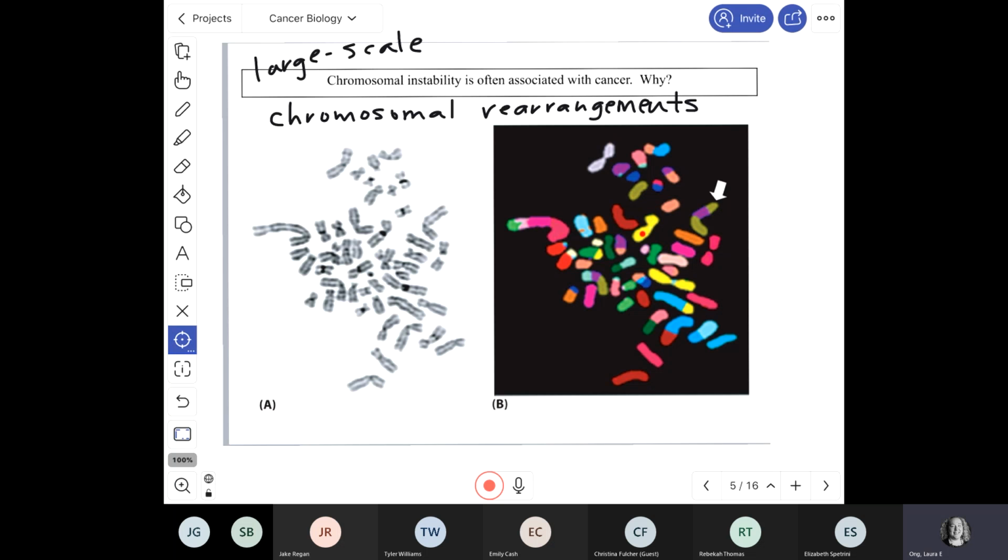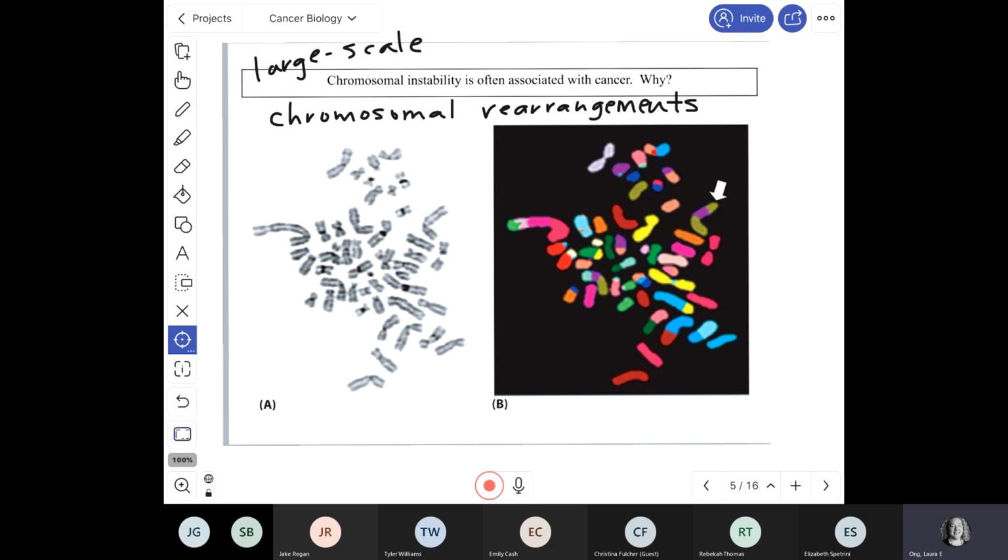So if you see this yellow color here, in a normal person's chromosomes, there would be one set that's yellow, there would be one set that is green like this. So this is showing that this person or this animal's chromosomes have had a lot of breaks and rearrangements, and their gene segments have just kind of been all mixed up and put back together randomly.